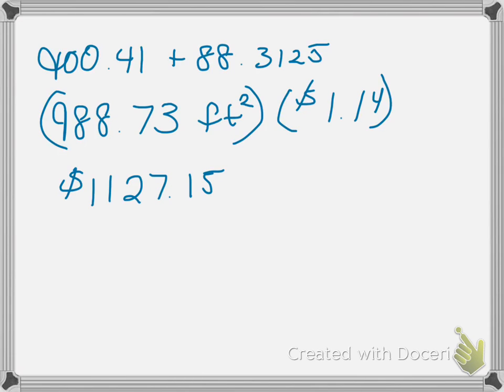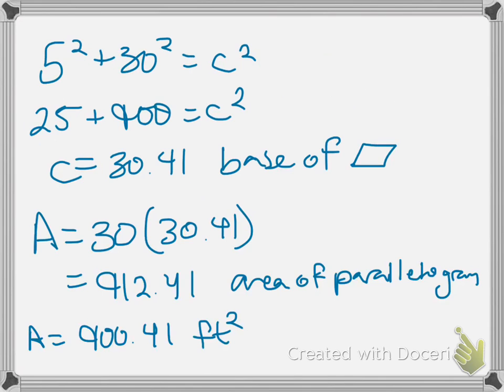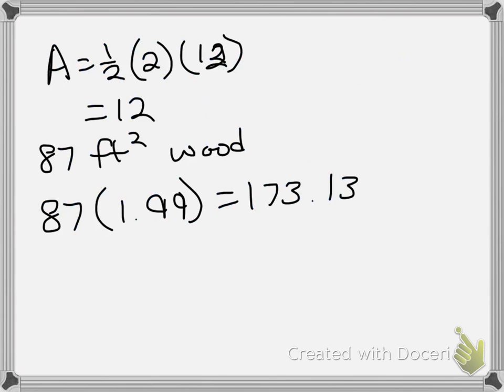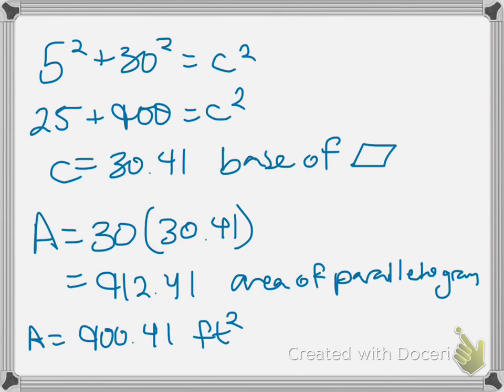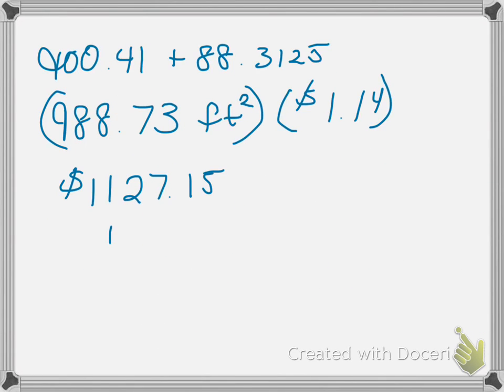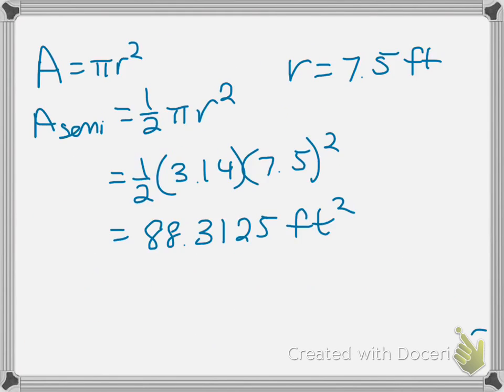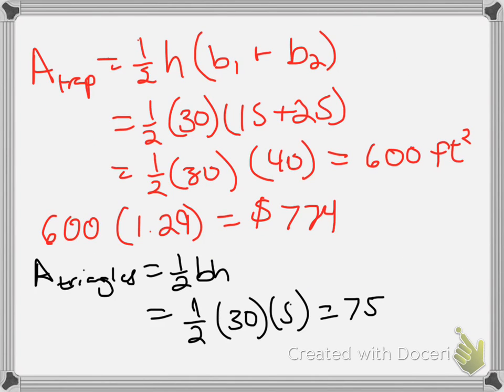So, we've got the carpet. We've got the wood is $173.13. And we've got the whatever else this was, tile, I guess, was $774.